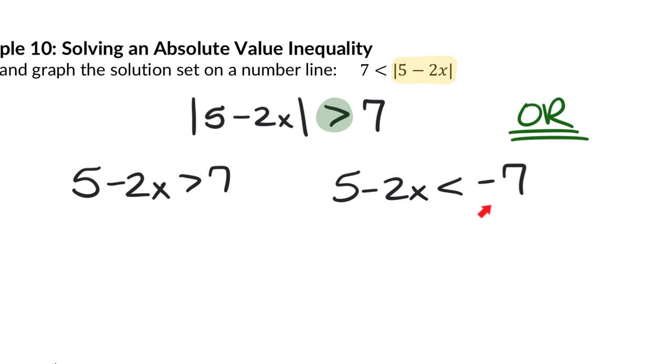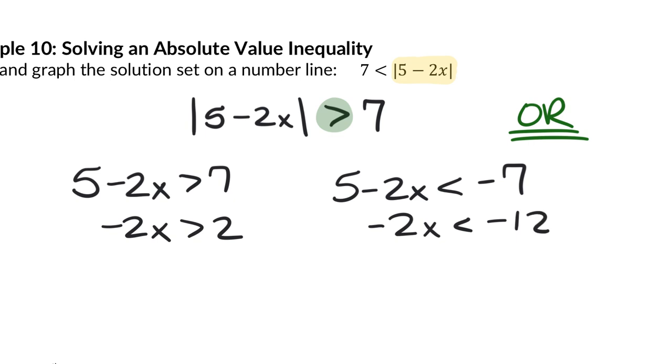The other, what changed? The sign and the 7. So we flip to the opposite sign. The separate step. But then it's just two little mini equations that you can solve using the same steps. So first I subtract 5 from both sides. I'm just going to go ahead and subtract 5 from both sides over here as well.